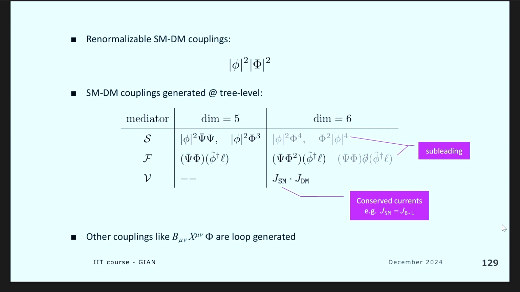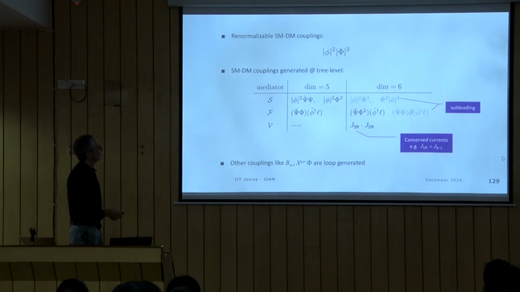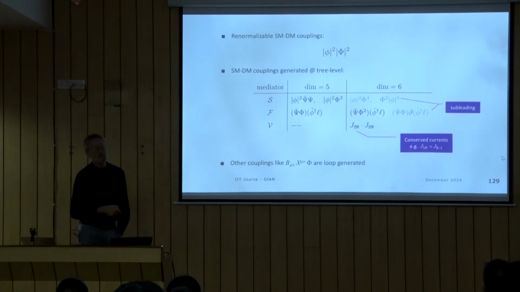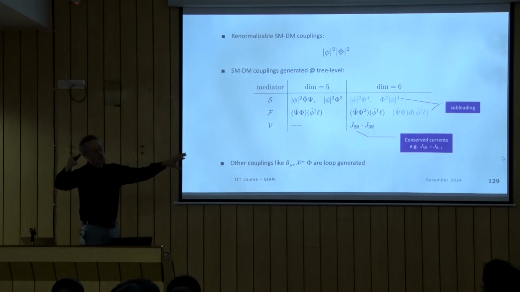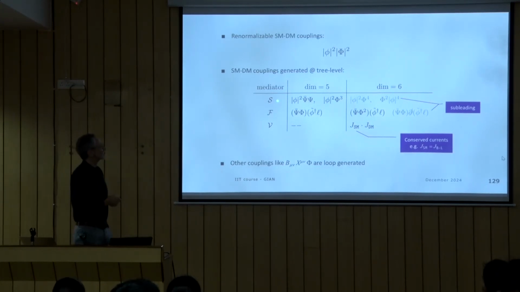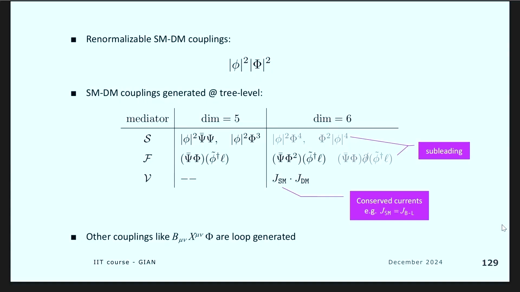The next orders have dimension 5 operators like this, this, this, and this. And the thing that goes between them, and this is the picture I have in mind, that it talks on one side to the standard model, is a scalar that couples to phi squared and a scalar to psi bar psi, a scalar that couples to phi squared and to phi cubed.